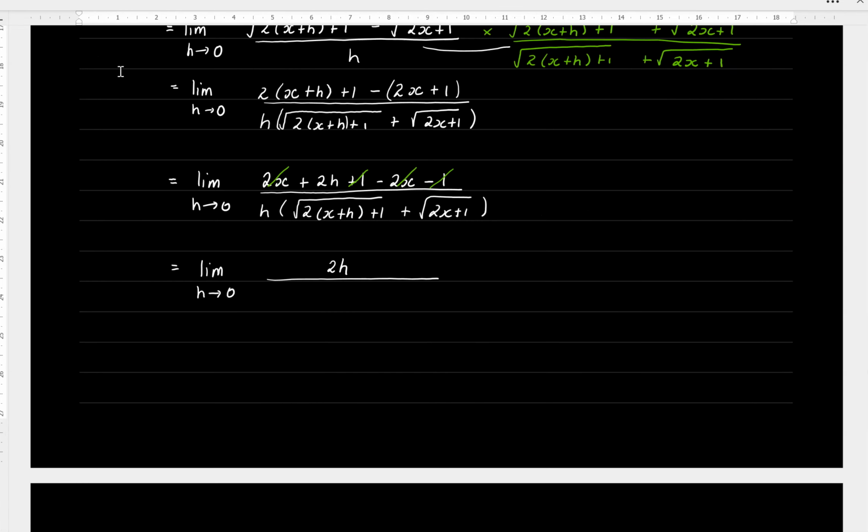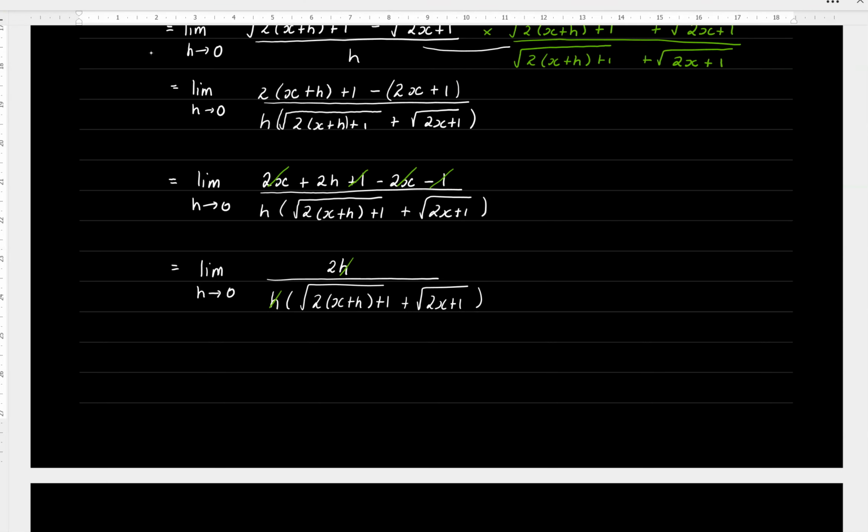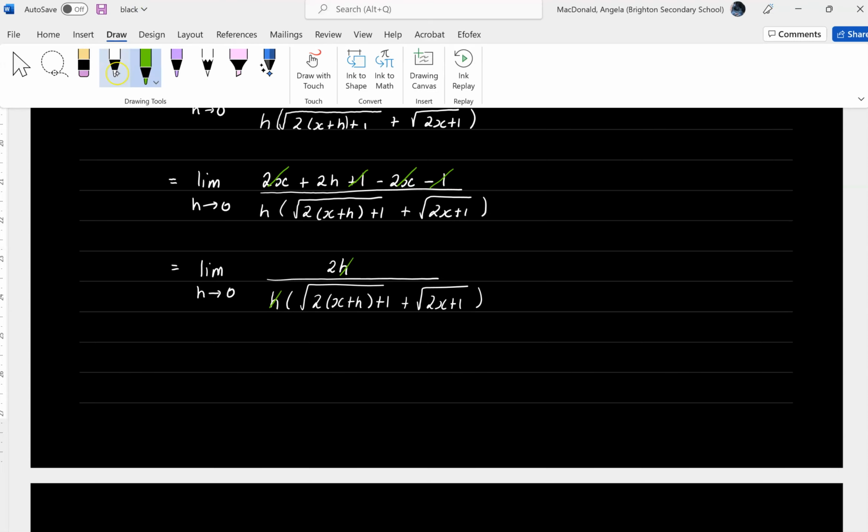All right, so on the top line now, I've got 2h all over h bracket 2x plus h plus 1, plus root 2x plus 1. And of course, you should see where this is going now. The h will cancel, and now we make h equal to 0.